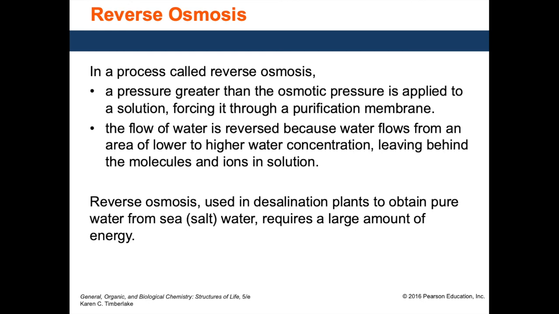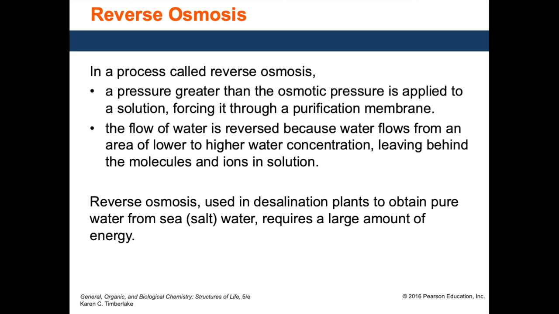So if you're taking seawater, which has a lot of salt dissolved in it, typically a relatively high concentration of solute, but seawater is very abundant, right? So if you are in a situation where you don't have a lot of access to fresh water, using reverse osmosis on large quantities of seawater will help you get fresh water out of that.